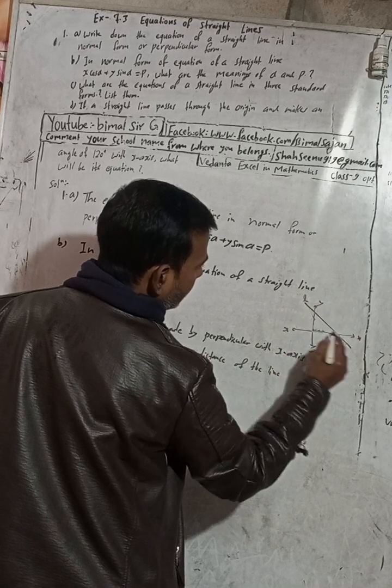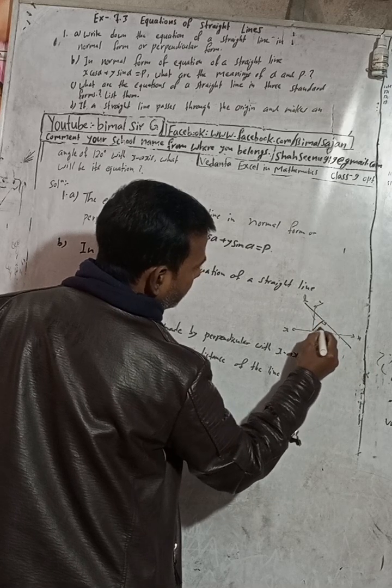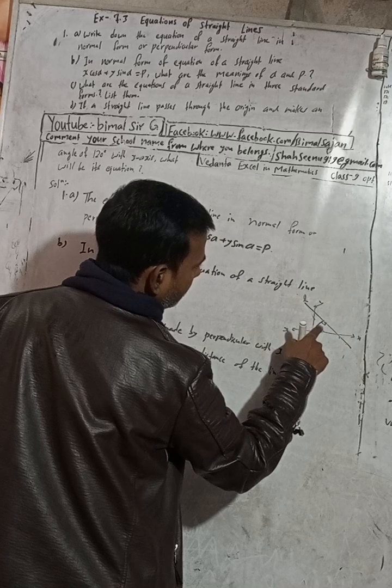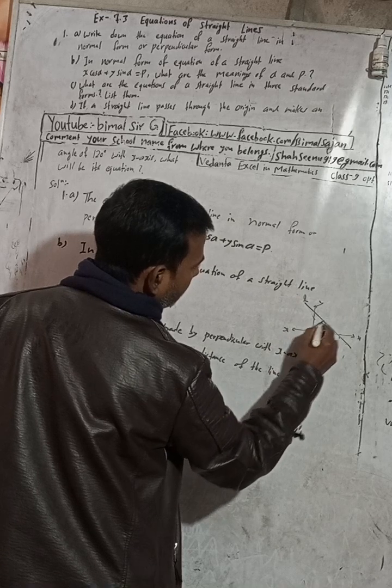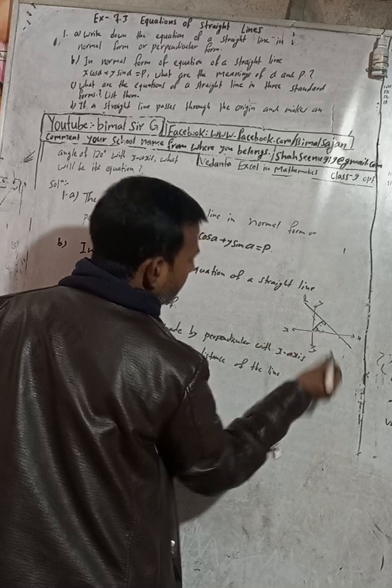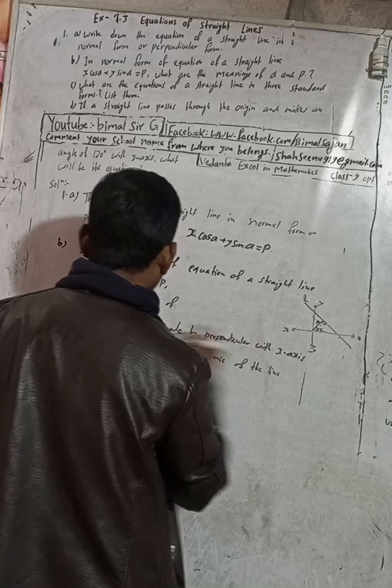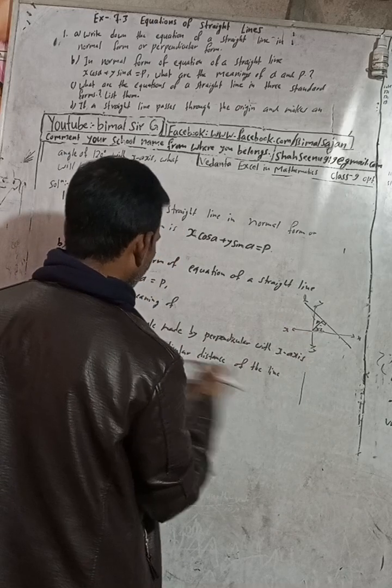Suppose now this is a line. This is the perpendicular from the origin, this is P, the perpendicular distance, and this is our alpha, the angle of the perpendicular from the x-axis in the positive direction. So in this equation, this is the meaning.